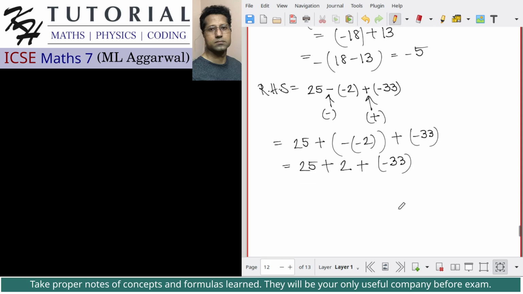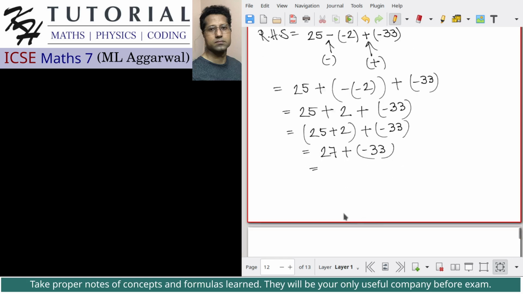We now have to add these three integers, where one is negative and two are positive. So 25 plus 2 is 27, plus minus 33. We are now adding one negative and one positive integer. Clearly minus 33 is numerically greater than 27. So we will have 33 minus 27, and the sign will be the sign of the numerically greater integer.